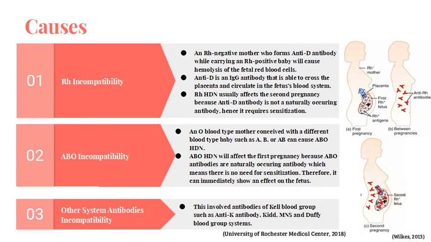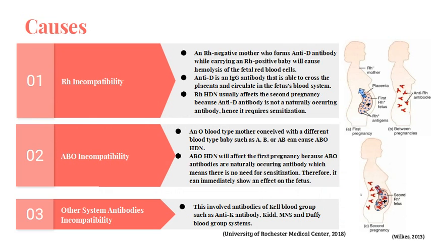This is because anti-D antibody is an IgG which has the ability to cross the placenta and circulate in the fetus blood system. Usually the first pregnancy with an Rh positive baby would not be affected by Rh-HDN because anti-D antibody is not a naturally occurring antibody, hence it requires sensitization. Consequently, it will only affect the future pregnancy with an Rh positive baby.